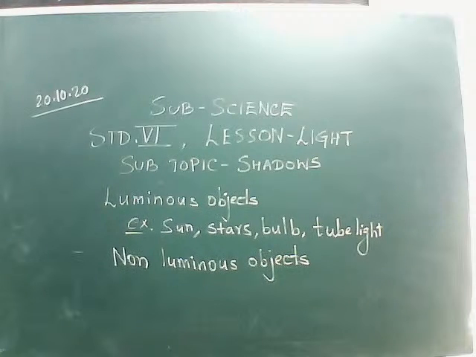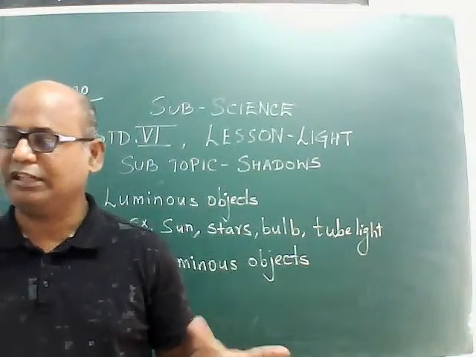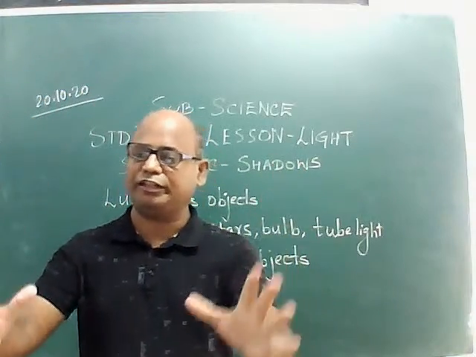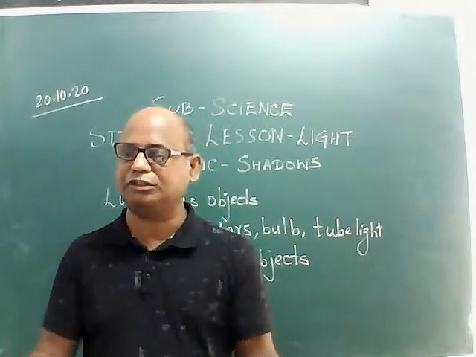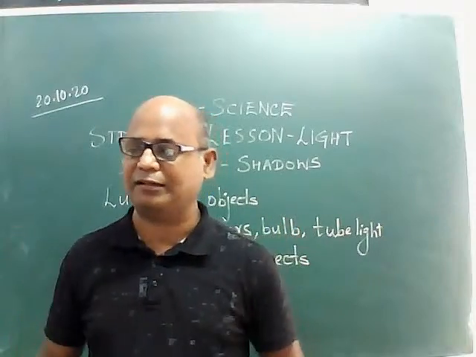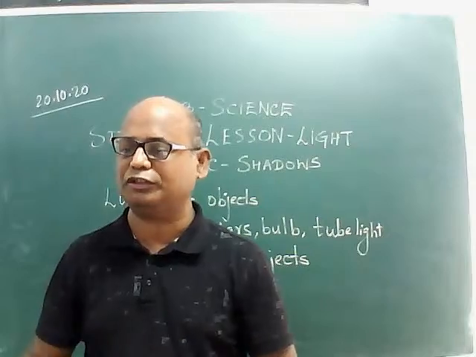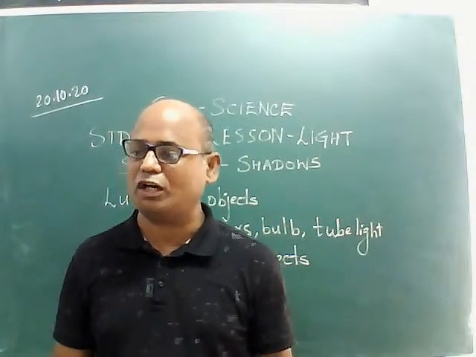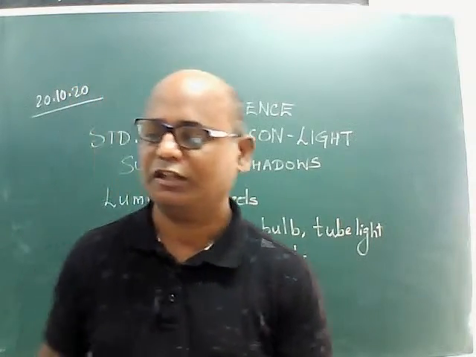Elias wrote the objects which do not have their own light. They do not give out their own light. They reflect the light which is falling on them. Just like when we throw a ball, the ball bounces and comes back, when light falls on a non-luminous object, it bounces. That is called reflection. We see non-luminous objects due to reflection of light.